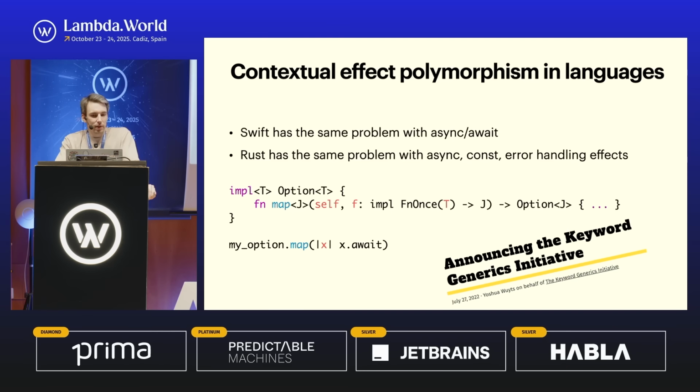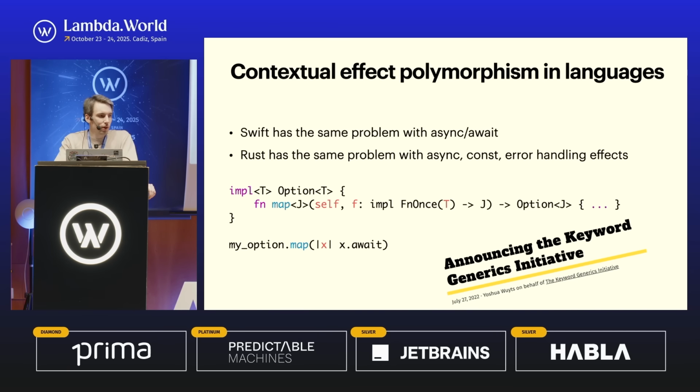And you can't simply adapt map to make it an async one, because now you have to teach your map operation how to work in an async context. So a typical thing in Rust is to provide a second function, map async, that will work with suspend closures, with async closures.